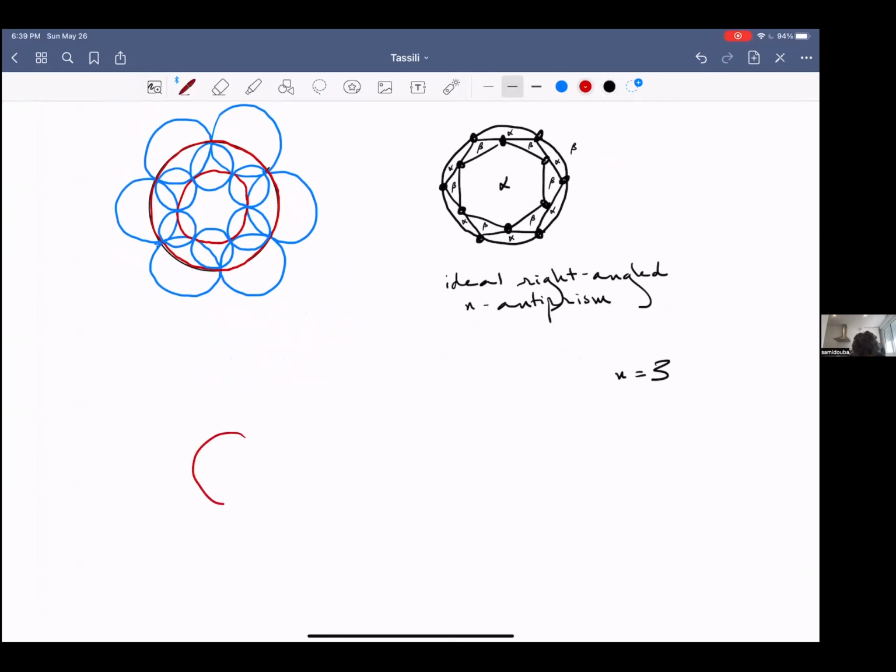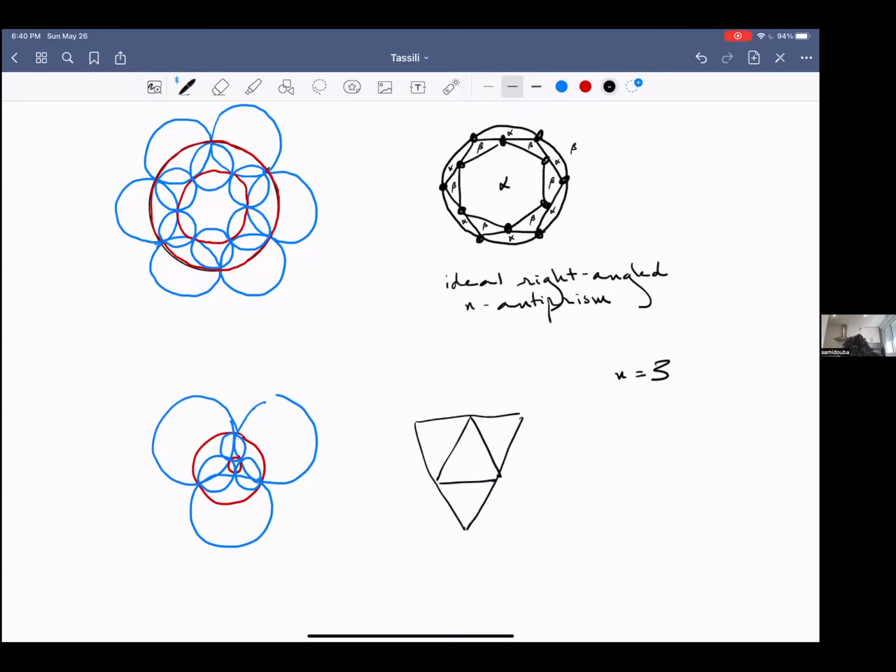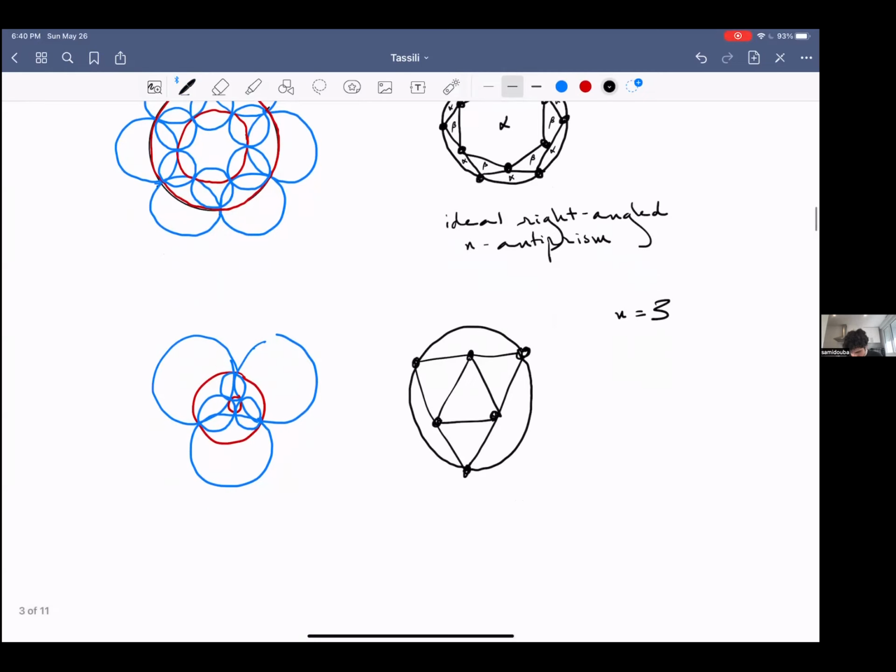So the picture looks like this. And well, maybe I should try to... And the manifold cover that you get looks like this.